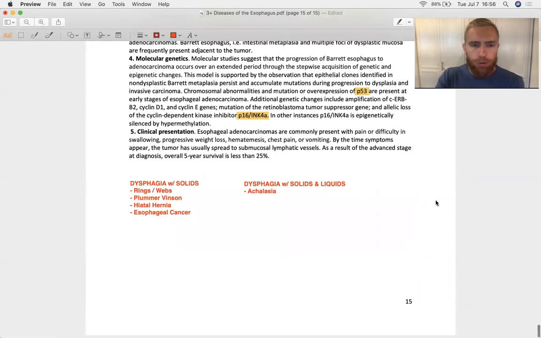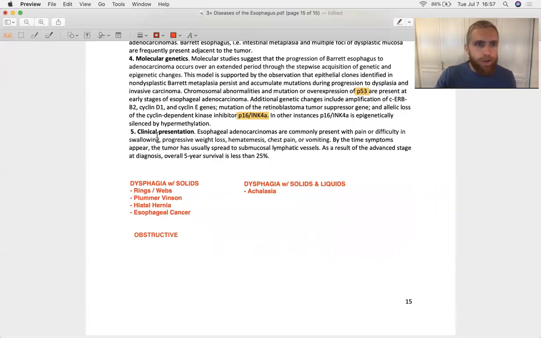So I want to conclude by mentioning one more time, if we've got a dysphagia to solids only, we're thinking it's an obstructive pathology. There is something in the pipeline of your esophagus that is mechanically impeding the flow of a bolus of food down that lumen.